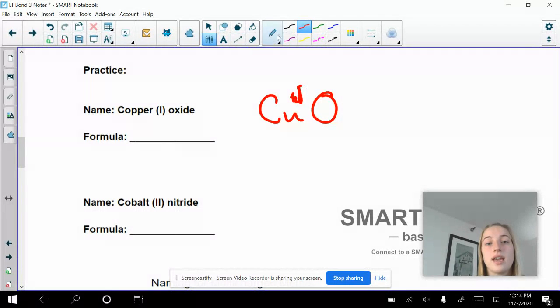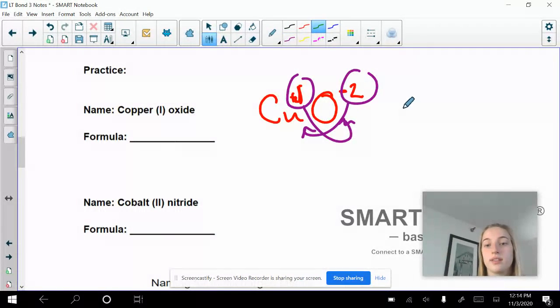Using the periodic table, I know that my oxygen has a -2 charge. Now I want to crisscross, bring these down and around. Can write out my final answer, Cu2O.